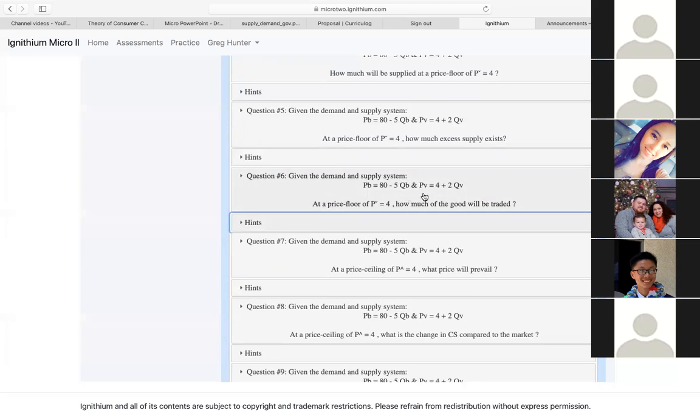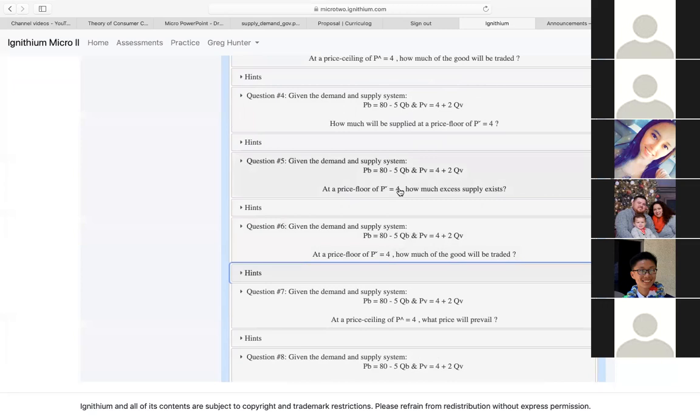So this should be the equilibrium quantity. The equilibrium quantity is going to be 80 minus 4 divided by 7. Oh, you know what? Actually, maybe the one that's wrong. Let's double check this. Hannah, did you calculate the equilibrium price and quantity?